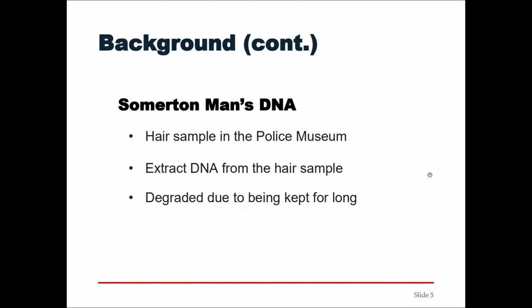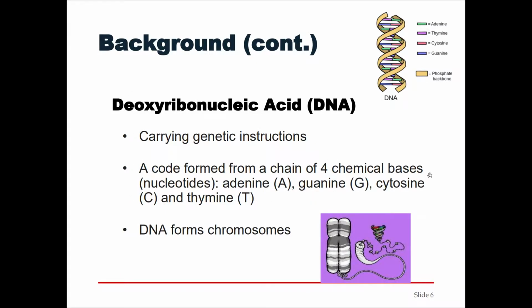Before presenting our outcome, I'd like to introduce some background knowledge. First is DNA. DNA is the hereditary material which stores the genetic information in humans. It is a molecule composed of two chains, while each chain is formed of four chemical bases or nucleotides, which are adenine, guanine, cytosine, and thymine.